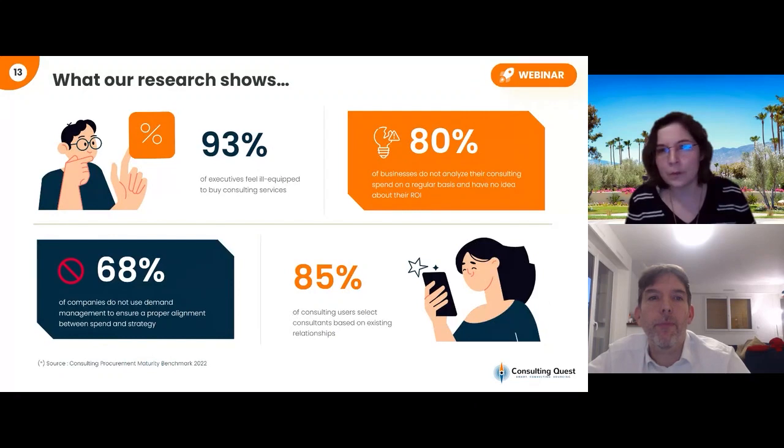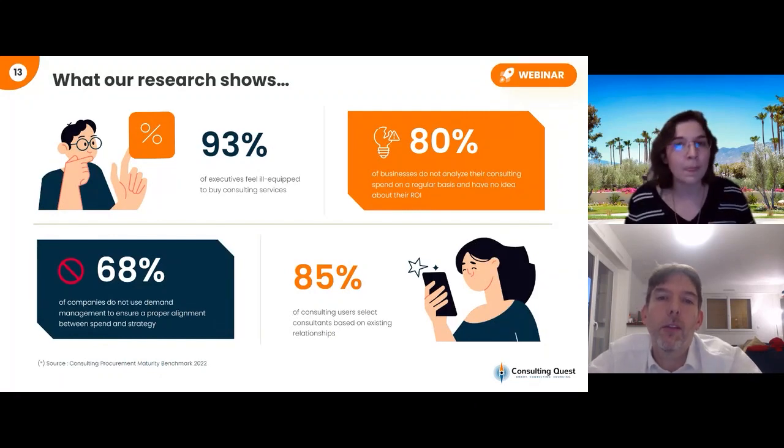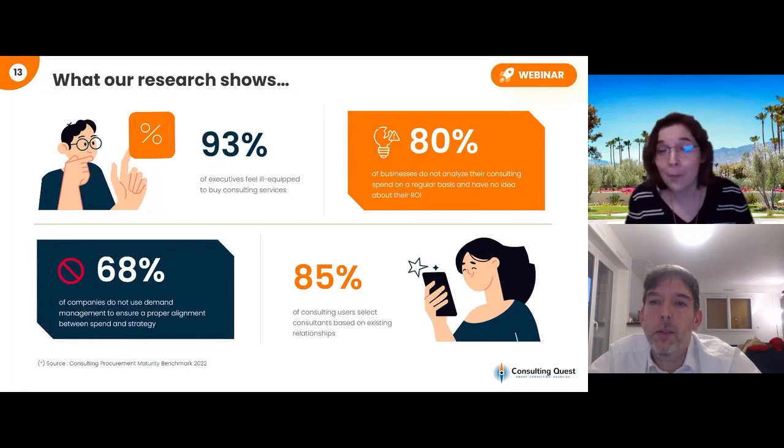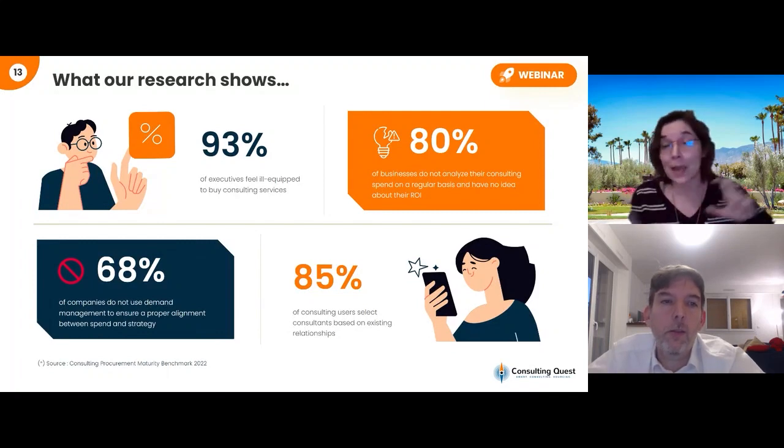For instance, they don't use demand management. They don't analyze their spend because they don't know how much they're spending. If you ask them, they will just say, I don't know that, I need to check, because the budgets are scattered and the users internally are just doing their thing, and procurement is just at the end trying to take care of the PO.